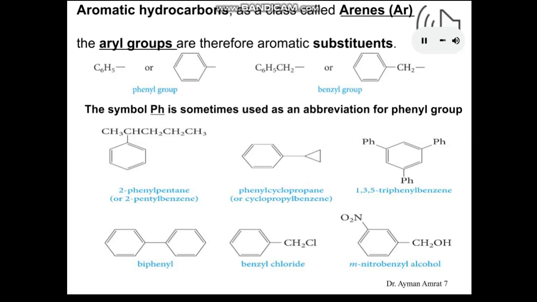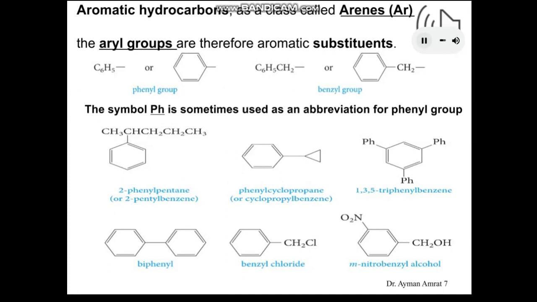For the third example, there are 3 phenyl groups around benzene. The central benzene is the parent, and the 3 side benzenes are phenyl, on positions 1, 3, 5, so the name is 1,3,5-triphenylbenzene, phenyl for the substituent benzene and benzene is the parent.